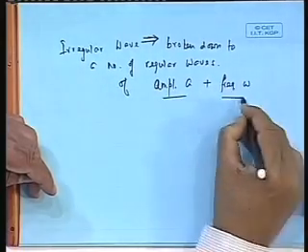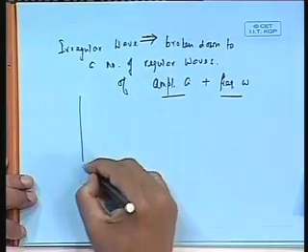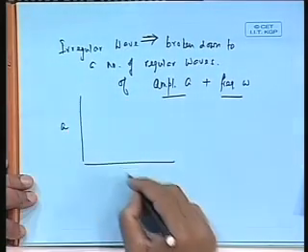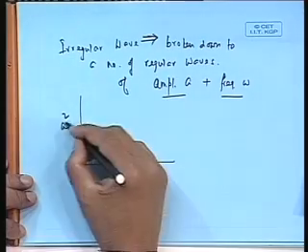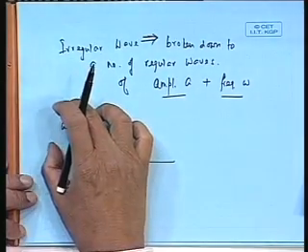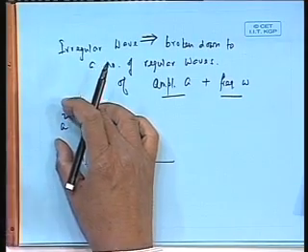Now, instead of plotting amplitude and omega here, if I plot something proportional to amplitude square, or proportional to energy, then it becomes much better from a physical point of view. See, I have got this random signal, right?